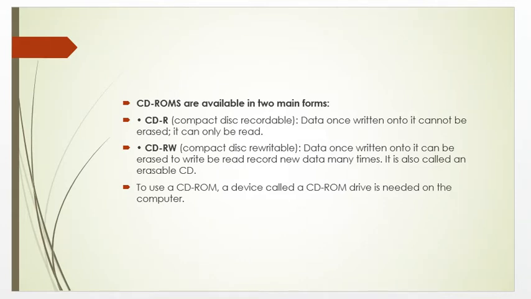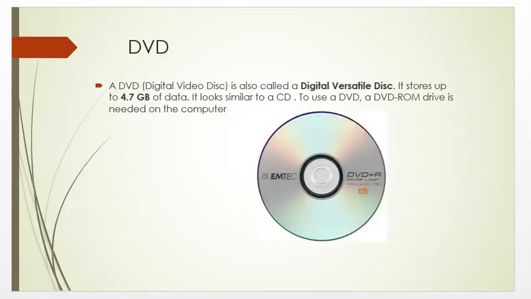CDRW, compact disc rewritable. Data once written onto it can be erased to record new data many times. It is also called an erasable CD. To use a CD-ROM, a device called CD-ROM drive is needed on the computer.